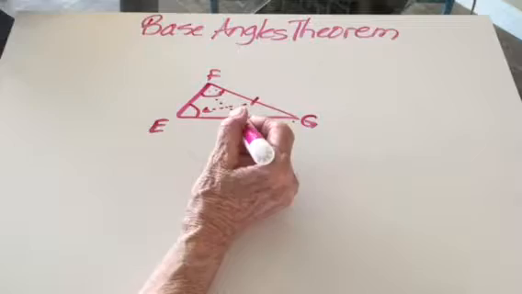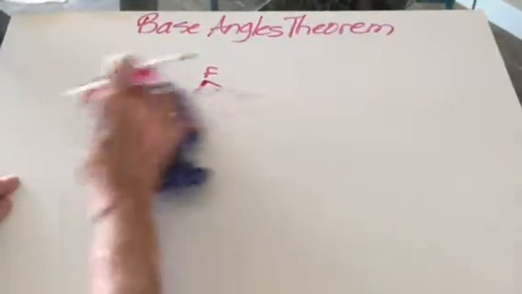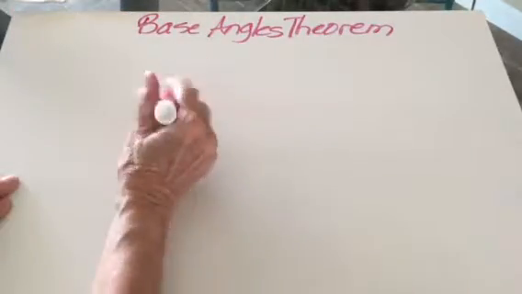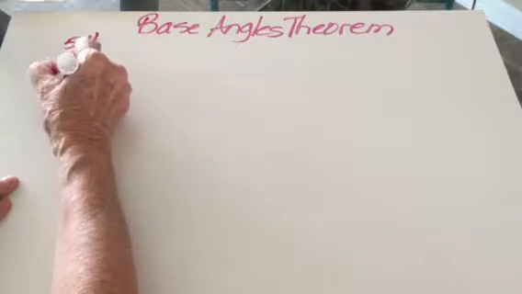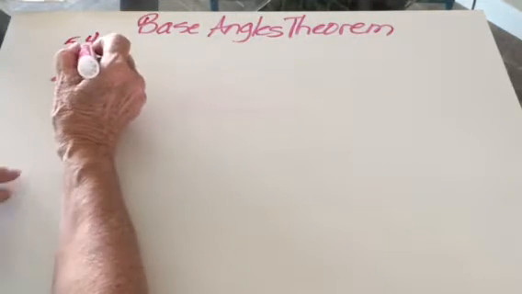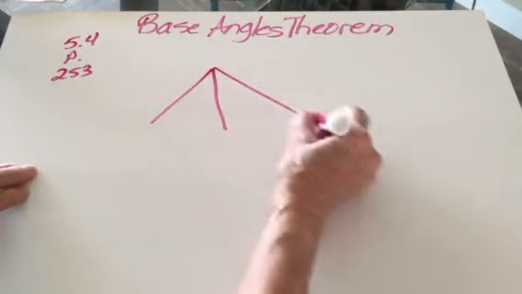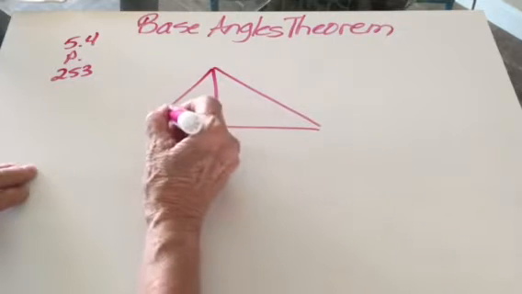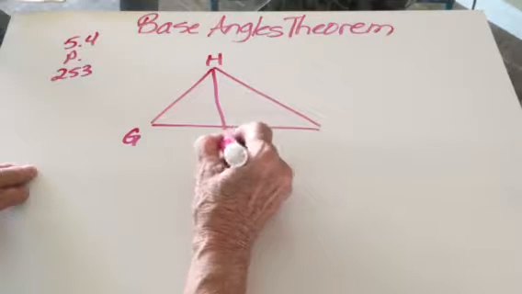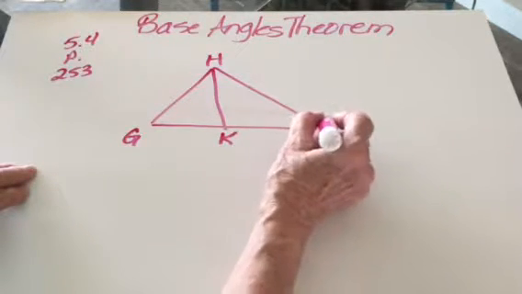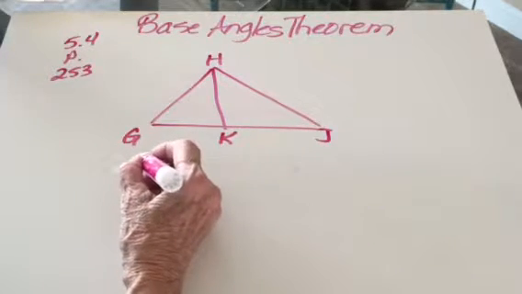How about if I had an angle that looks like this? By the way, guys, this is 5.4, page 253 in your books. All right, so what if I have something that looks like this, and the letters are G, H, K, and J. Now here's what they want us to complete.